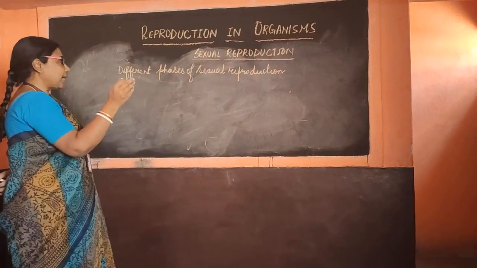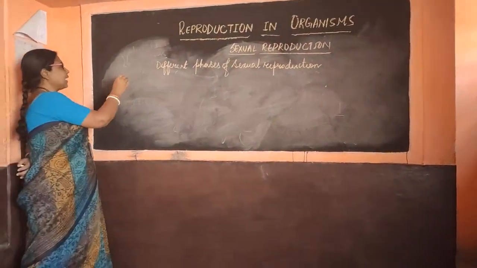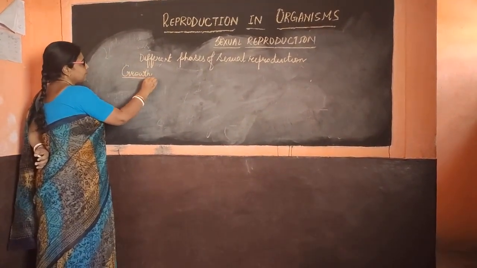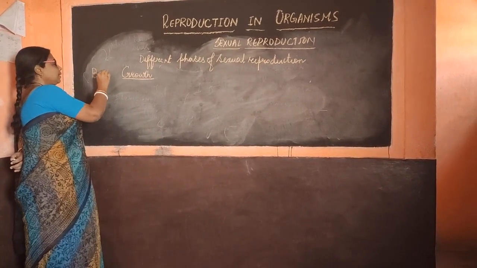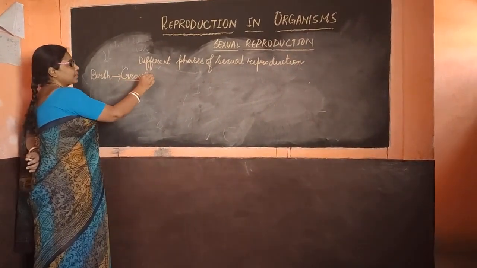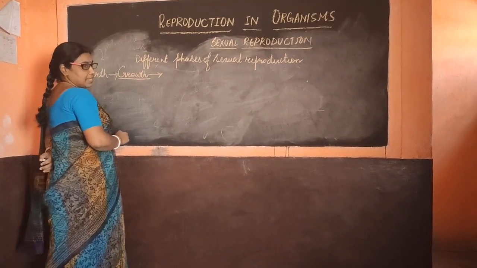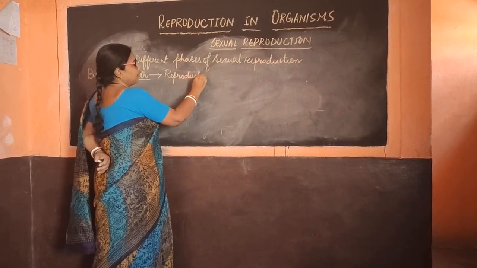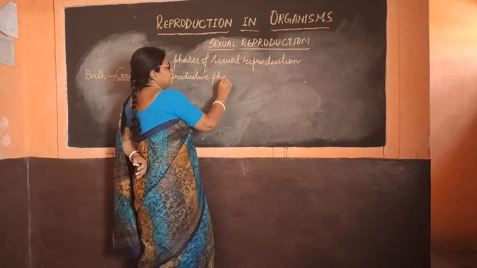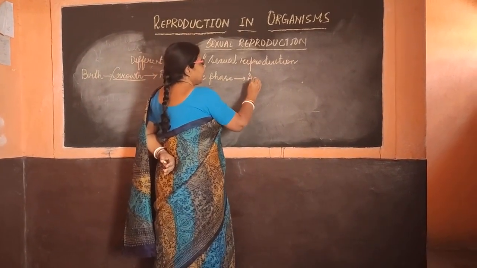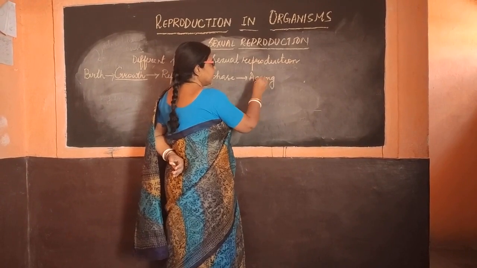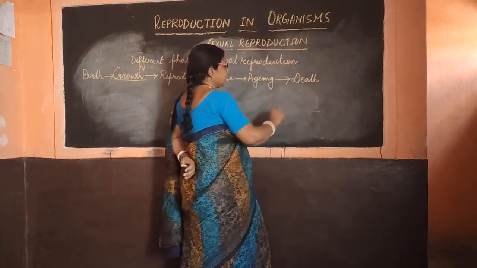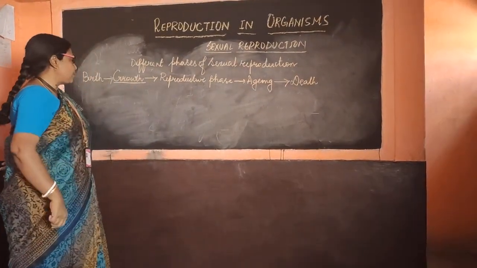Already in part 1, I have explained to you that growth is represented: you have birth, then different stages of growth, then after a certain stage of growth you have the reproductive phase, then aging, which in plants is known as senescence, and this aging ultimately leads to death.